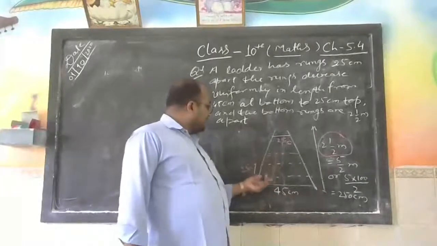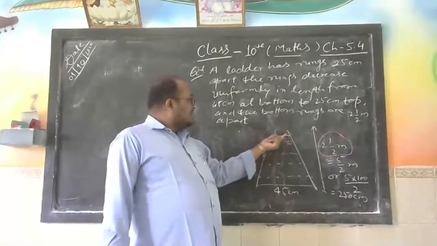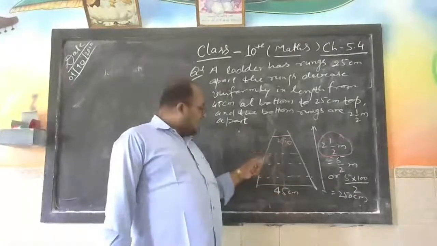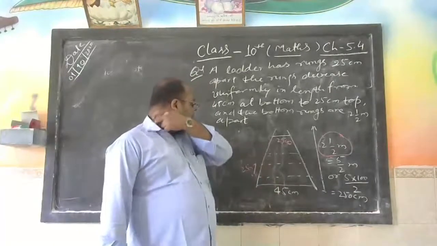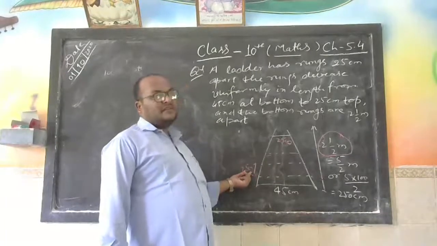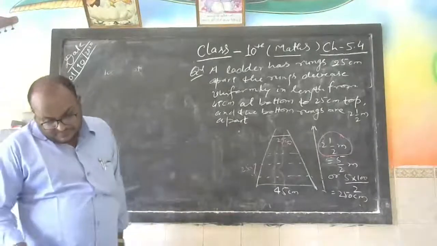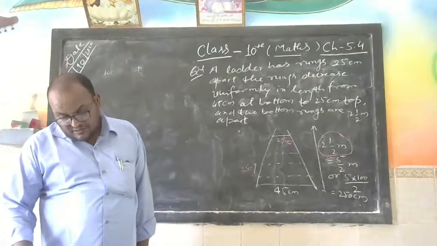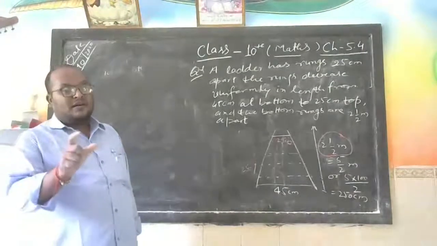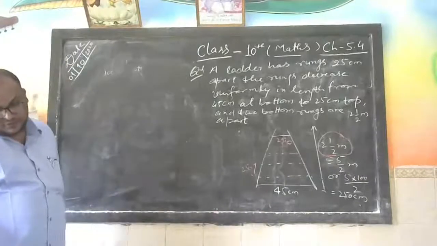So the topmost rung is 25 centimeter and the bottommost is 45 centimeter. So what you want to find is the length of the wood required for the rungs. Clear?